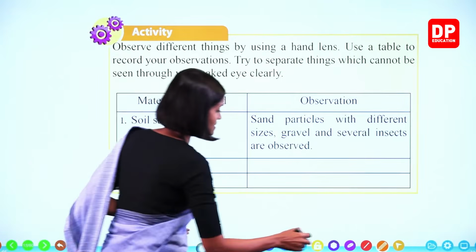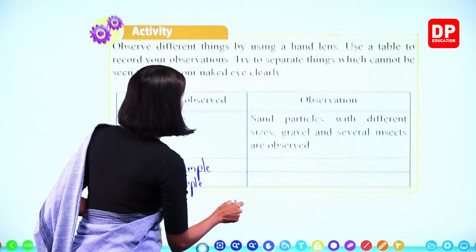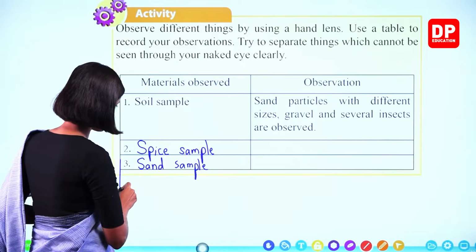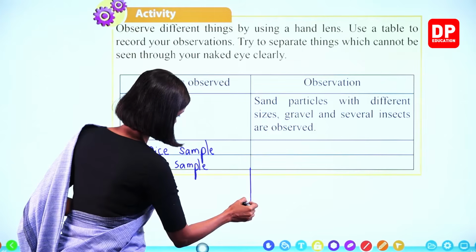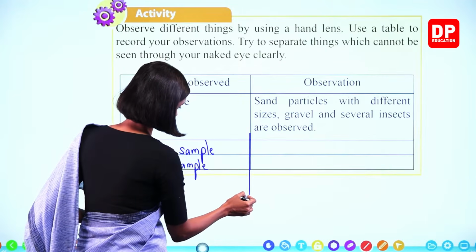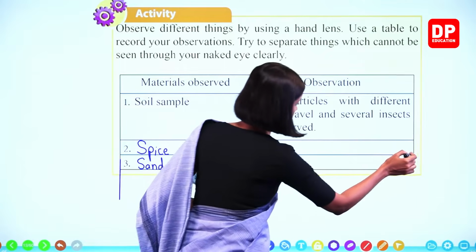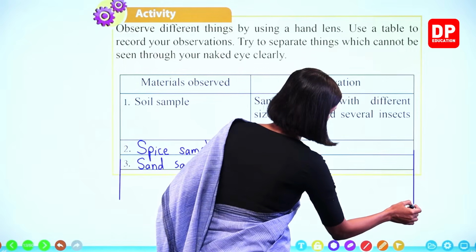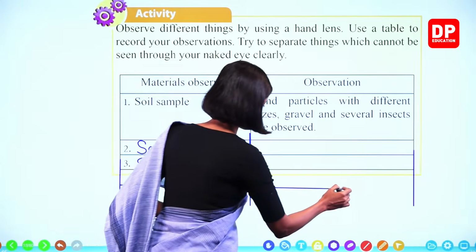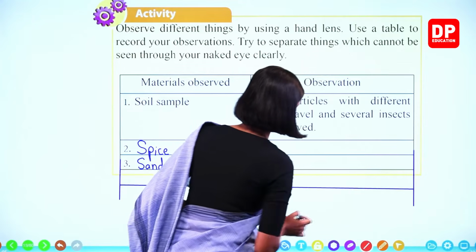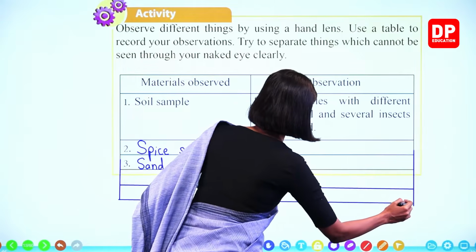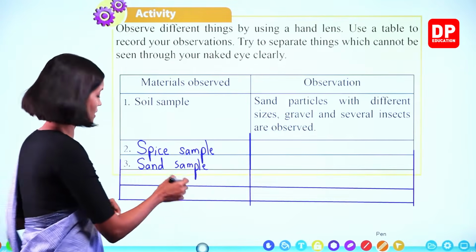What were the others used by us? Let's draw. Right, okay.